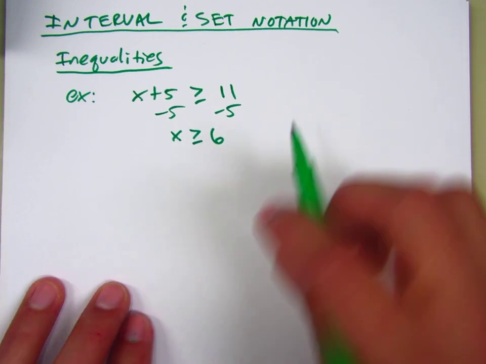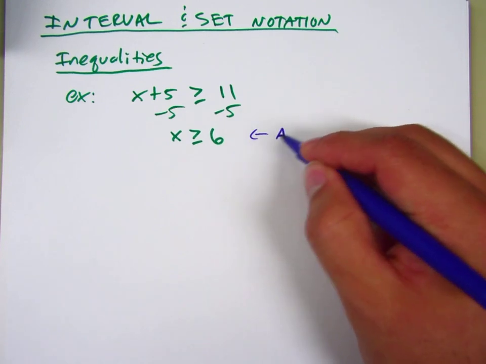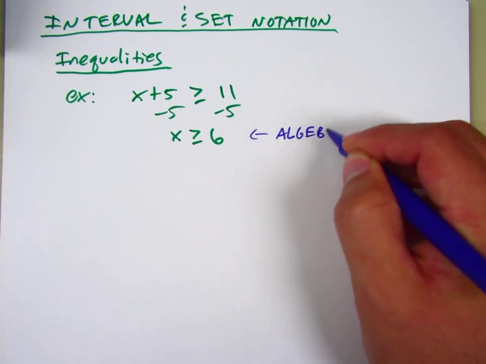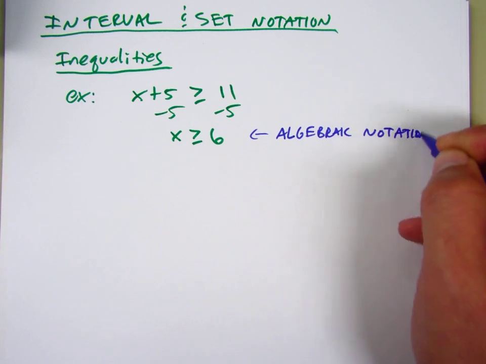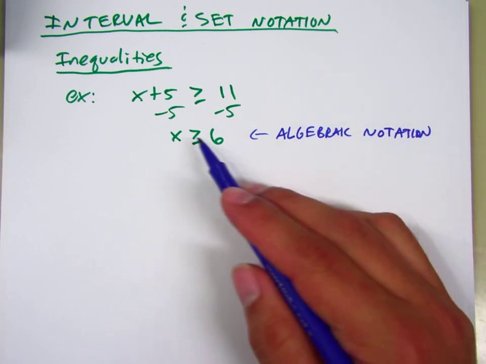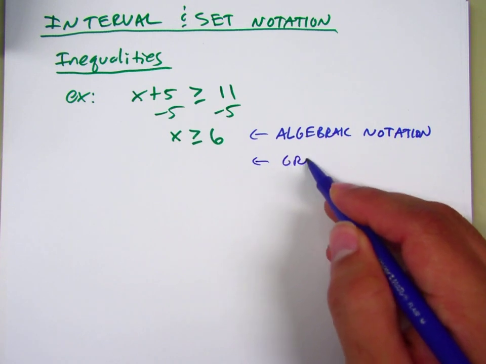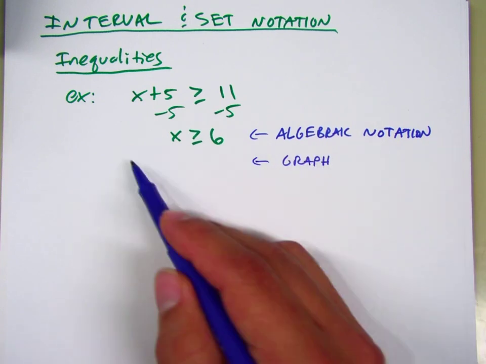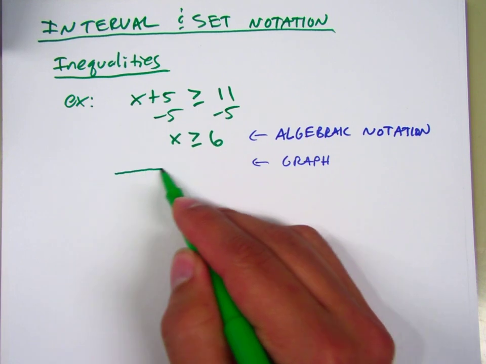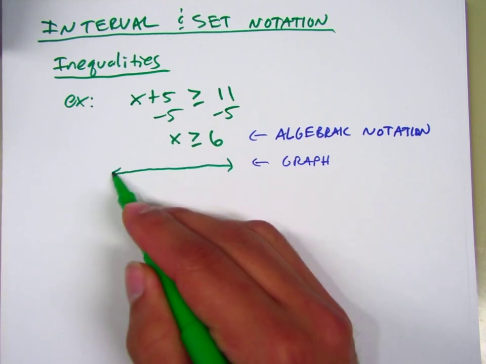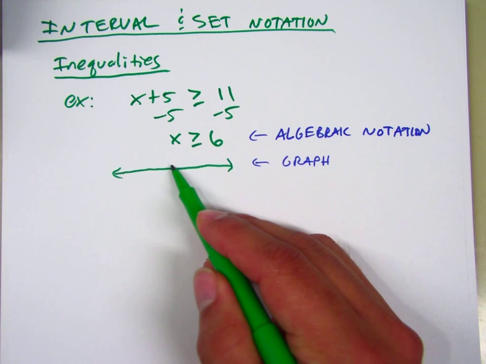This right here is what we call algebraic notation. You're probably used to writing your answer that way, and you're also probably used to graphing this on a number line. So real quick, as far as the graph is concerned, you just essentially put a 6 on the number line.